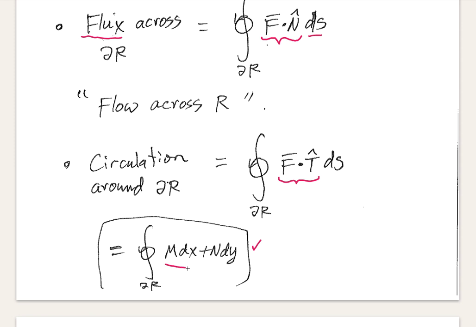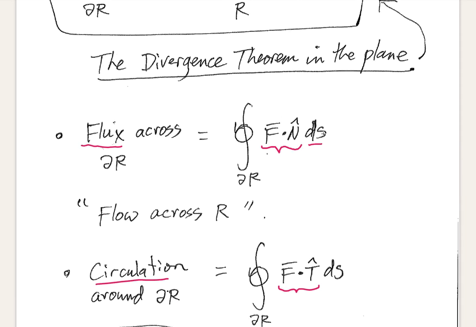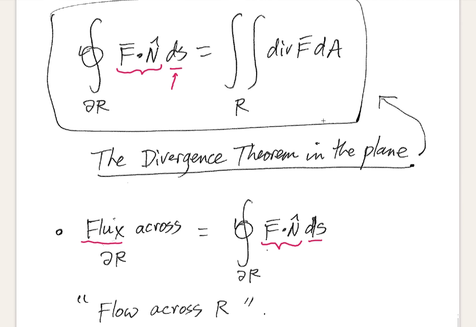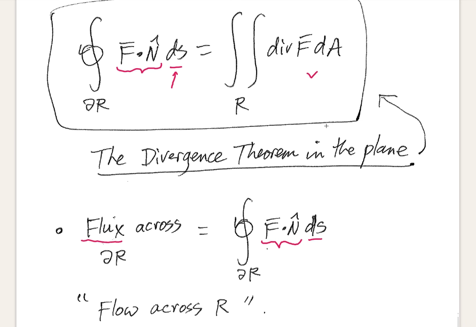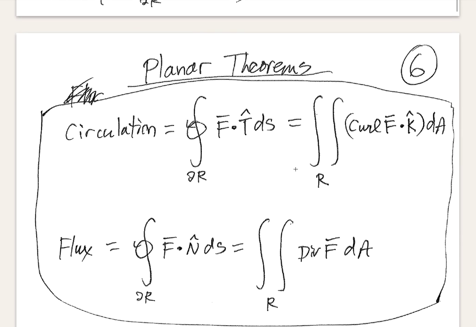That was our original formulation for the line integral using Green's theorem. That was about circulation, but if we talk about flux going across the boundary of the region, what are we going to be dealing with? Divergence. Let's talk about these planar theorems then.